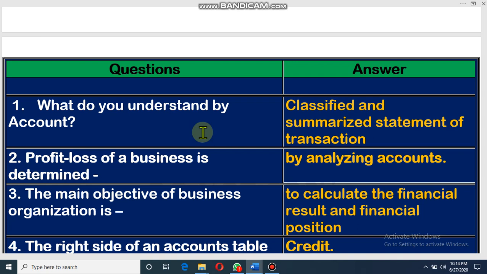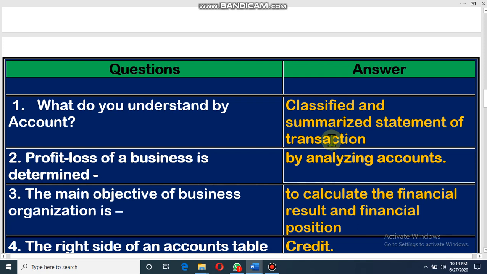Dear student, first MCQ: what do you understand by account? That means, what is accounts? All of you know that accounts is a classified and summarized statement of transactions. If you can remember, transaction means give and take. If I give some benefit, in return I receive some benefit.